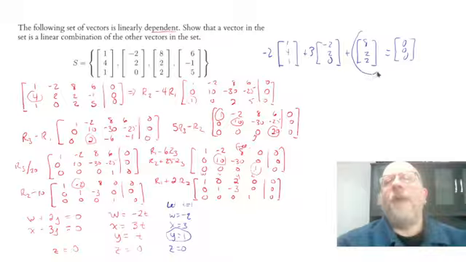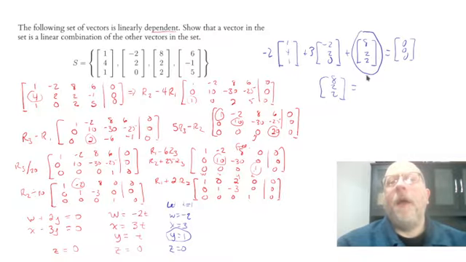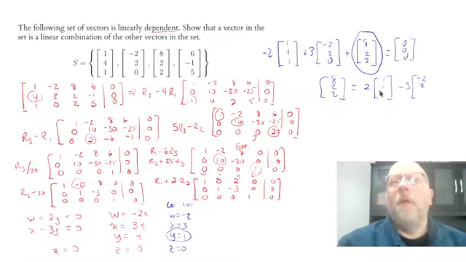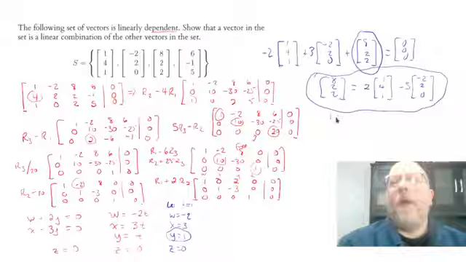And I'm going to take this vector and put it all by itself. I'm going to move everything to the other side. So negative 2 becomes positive 2, and 3 becomes negative 3. And now this is a linear combination.